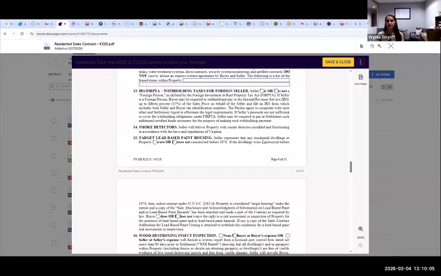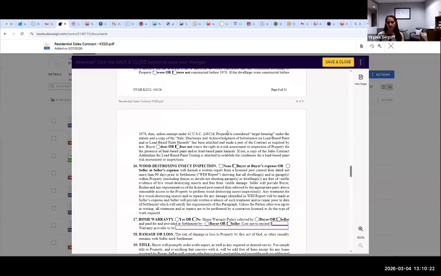Lead-based paint. Seller represents that any residential dwellings at the property were or were not constructed prior to 1978. If the property was constructed before, then unless exempt, the property is considered target housing under the statute, and a copy of the sales disclosure and acknowledgement of information on lead-based paint has to be included as part of the contract.